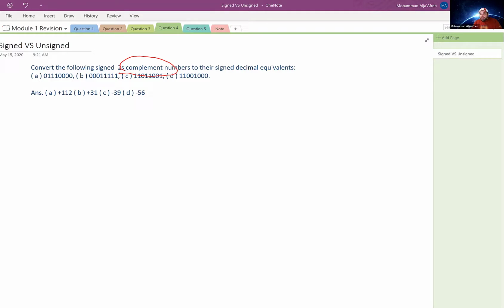Okay, so let's go back and look at this example again. What does that mean? I have this number: 0, 1, 1, 1, and then 0, 0, 0, 0. I look at the most significant bit here, which is equal to 0. 0 means positive. I can get this number by doing the direct polynomial conversion.